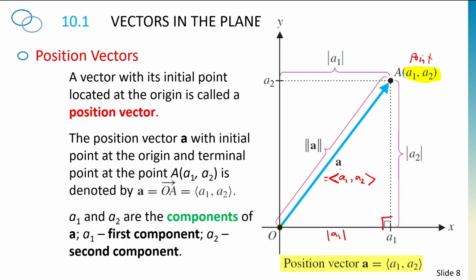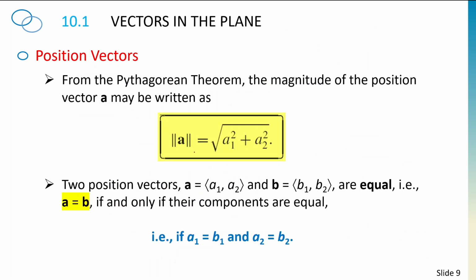So the magnitude of the vector a should be the square root of a1 squared, the first component squared, plus the second component squared. So if I need to find the magnitude for any vector, I do the square root of the first component squared plus the second component squared.